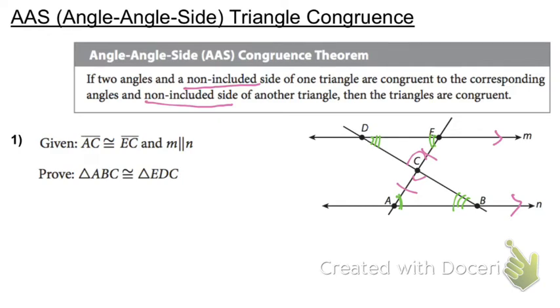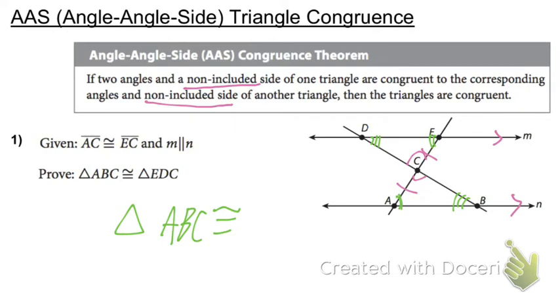Whenever you have angle angle side, you could always use angle side angle, just like how we transformed it earlier by saying, oh, third angles theorem. Does that work the other way? It does work the other way, yeah. So if you can use one, you can always use the other as long as you mark the appropriate information. Because if you know two angles, you can always find the third angle.